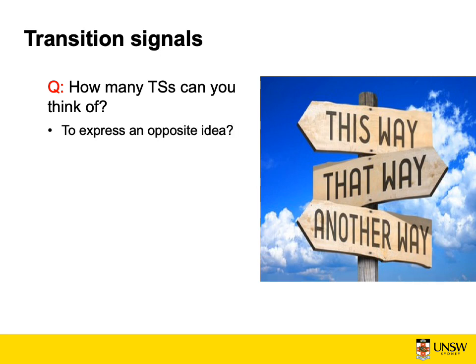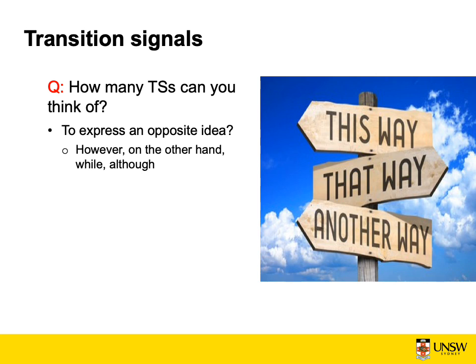Okay, so before I start to mention the different types, I want to first say that there are many different transitions for different purposes, depending on what they want to do in the writing. So first here we've got transition signals that express an opposite idea.